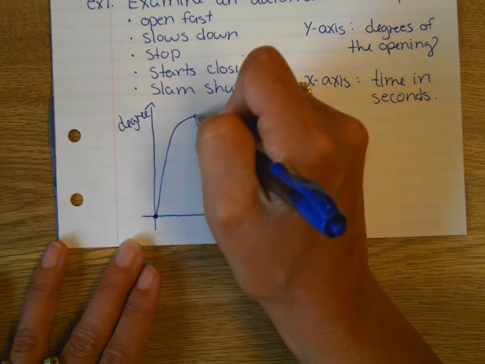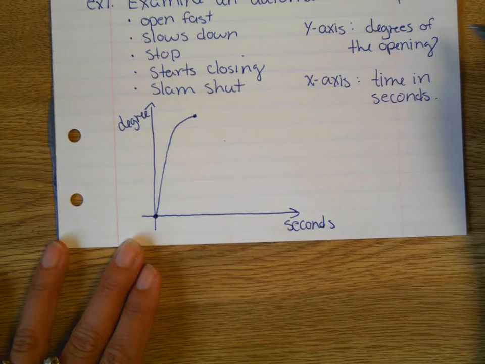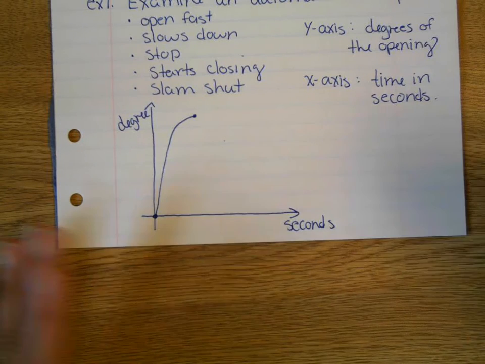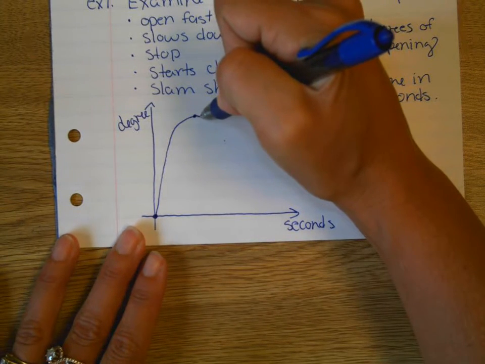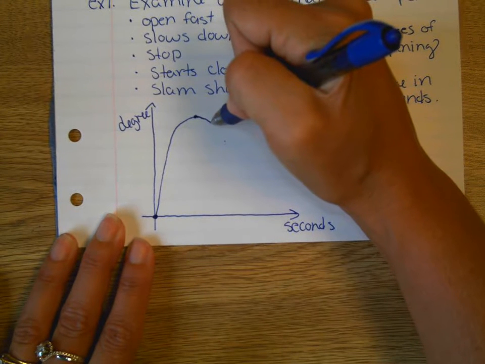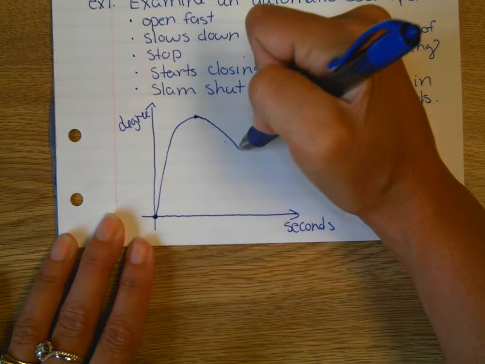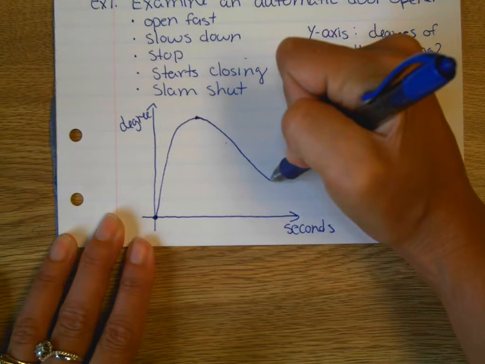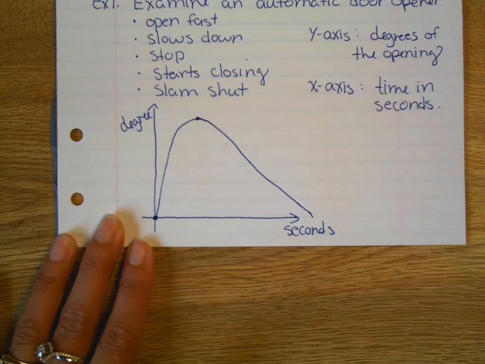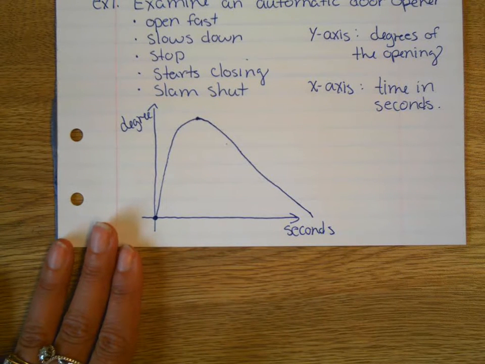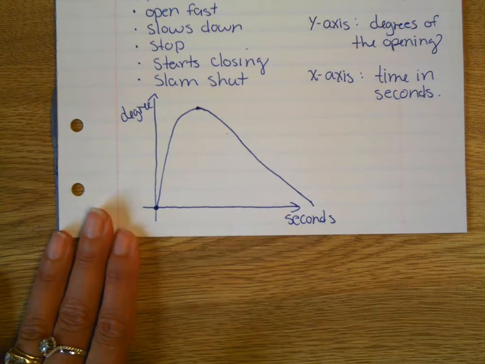It's almost going to stop. And then it starts closing, but it's going to close a little slower so it doesn't hit you as you're going through it. So it's going to be a slower close. And then right near the end, it's going to slam shut, so it'll go quick. That's just a rough sketch of it.